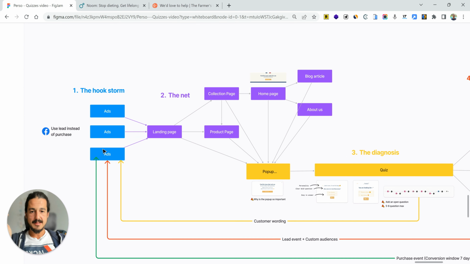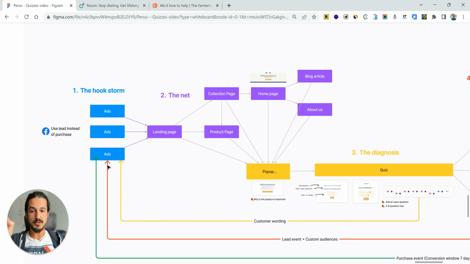We still have ads, and then we have this landing page. The ad would be like any ads you want to do for e-commerce that will bring to a landing page, right? You don't need to talk about the quiz within the ad. It is possible, but this is not what we use for this one.